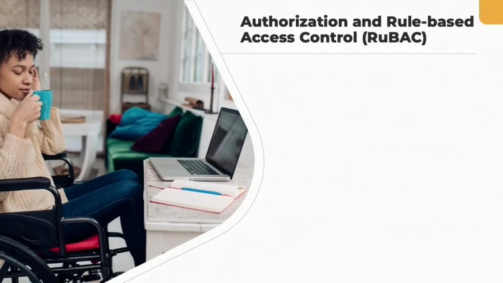Rule-based access, as indicated by its name, controls access through a predefined set of rules that are typically established through policies, which themselves are defined by network and security administrators. And rule-based can certainly work in conjunction with role-based or any other authorization method.